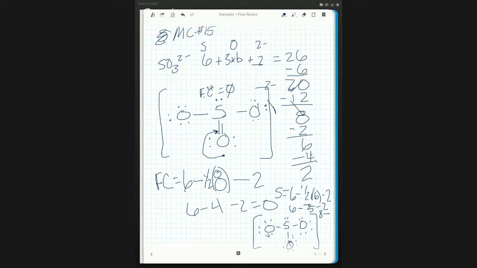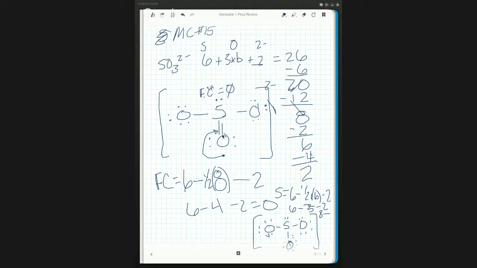So this SO3 2 minus has a lot tied into it, a lot of ideas and concepts, but the answer to multiple choice number 15 is trigonal pyramidal. But it's a great teaching moment in that there are other things involved here that you can see. There's resonance, there's sigma and pi bonds.